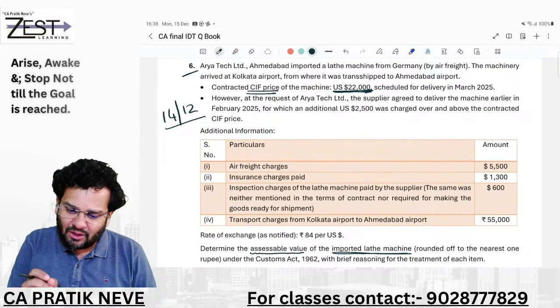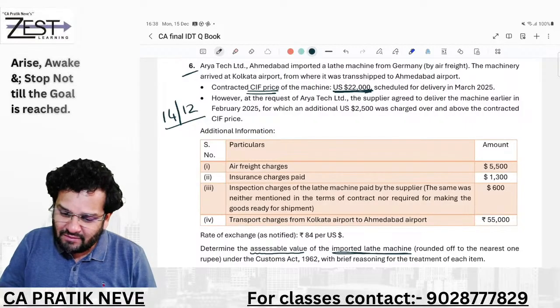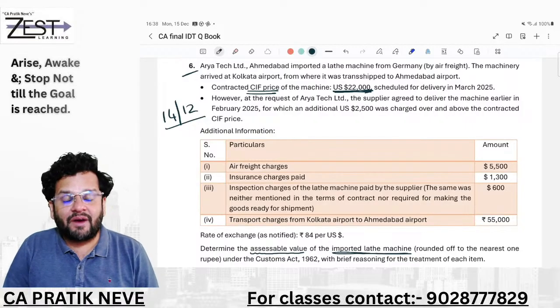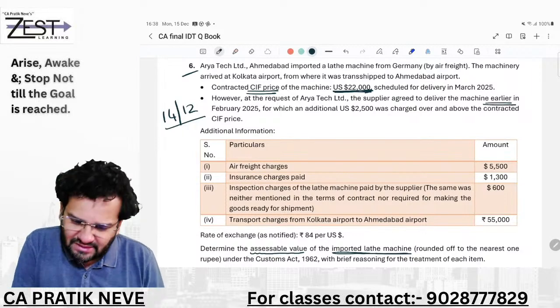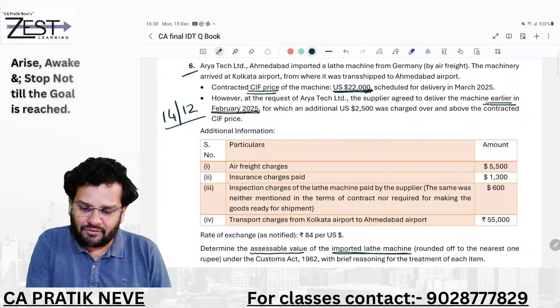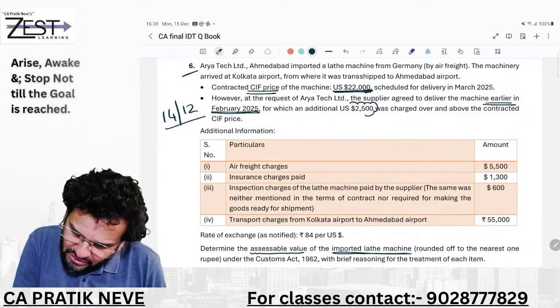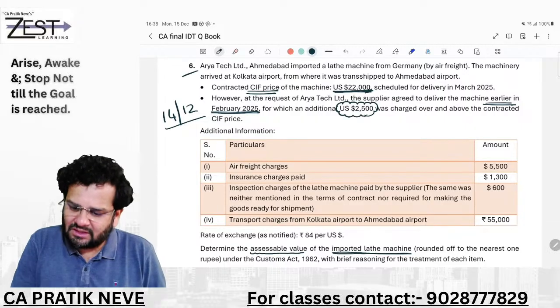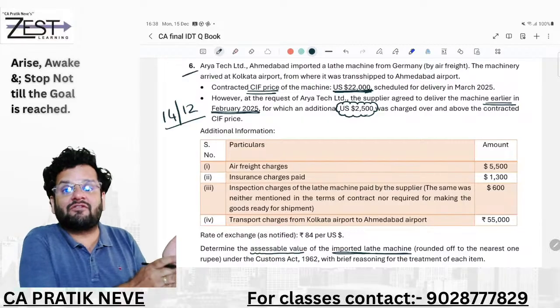However, at the request of IDT Limited, the supplier agreed to deliver the machine earlier in Feb 25, for which an additional 2,500 US dollars was charged over and above the contracted CIF price.